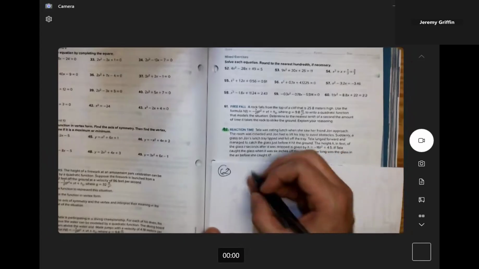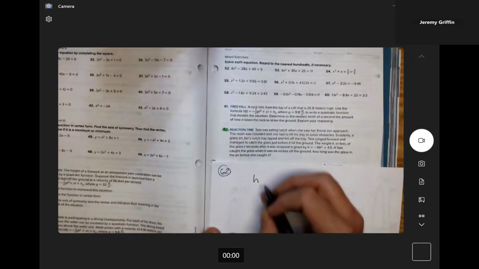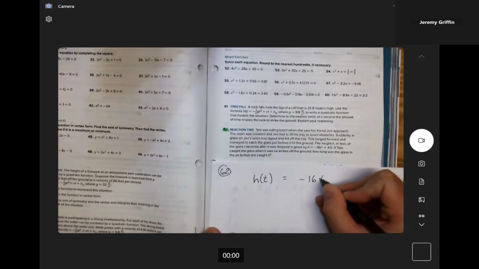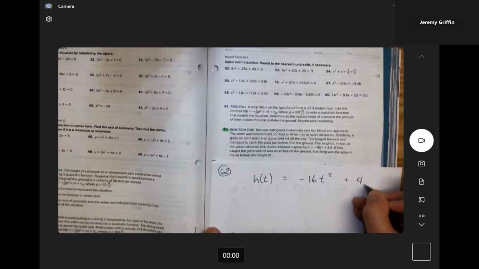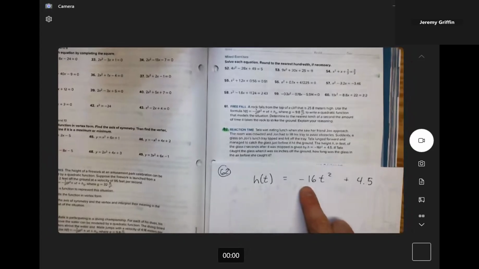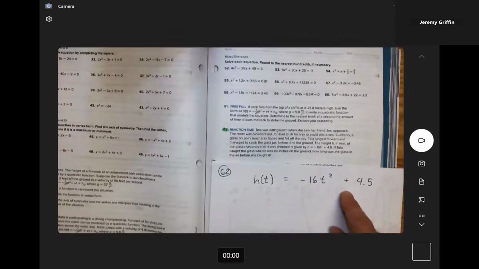Okay, I'll write that down. So h, which could be a function of time if you like, equals negative 16 t squared plus 4.5. I know what that means. This is half of Earth gravity in terms of feet and seconds, so we're working in feet and seconds. I don't see a t term, only a t squared and a constant, which means the glass started from rest. It didn't shoot off the tray, it just fell off the tray.